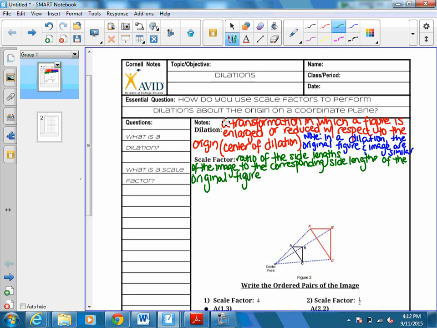Also when we're talking about scale factors, when we dilate a figure with respect to the origin, we have to multiply the coordinates of each vertex by the scale factor.